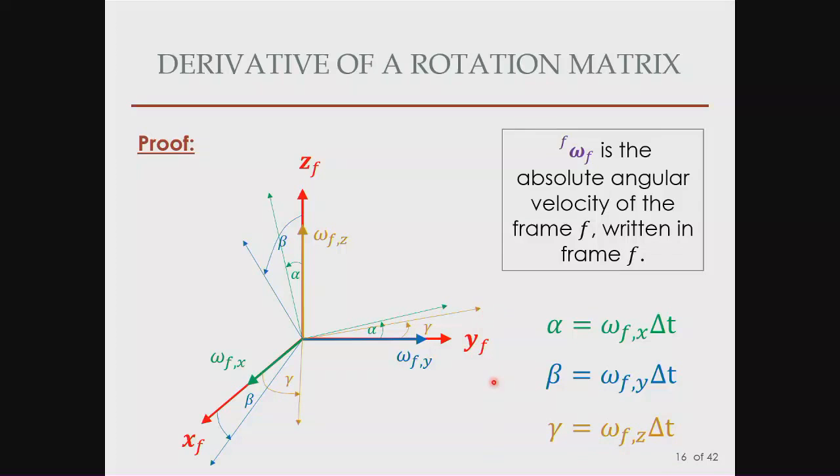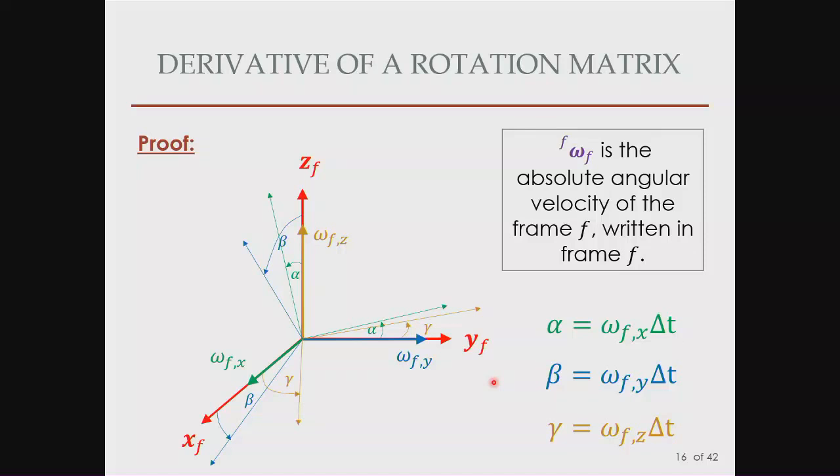So I just decomposed the change of orientation of that red frame F according to the different components of the angular velocity. Now I need to combine everything back to find out where xF, yF, zF would be after that delta t time.